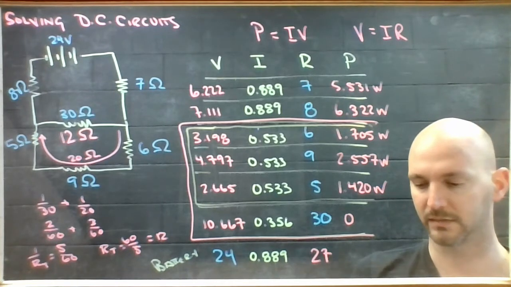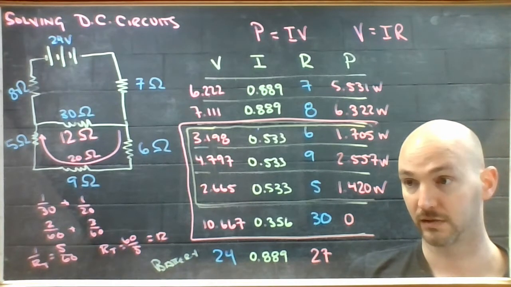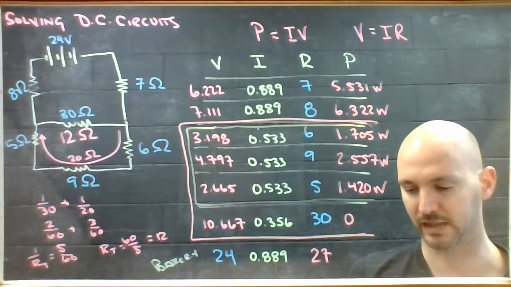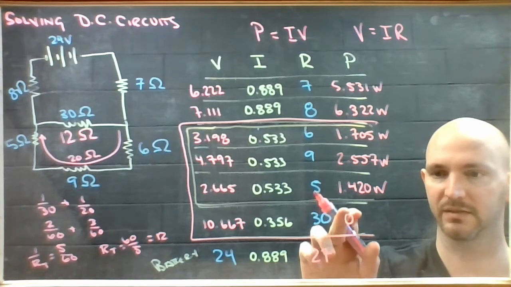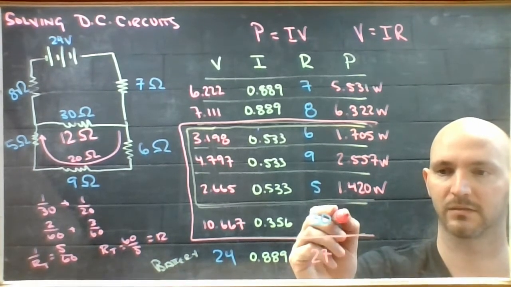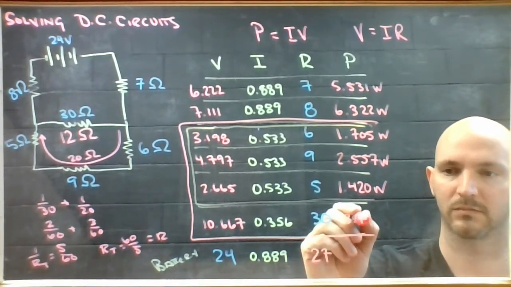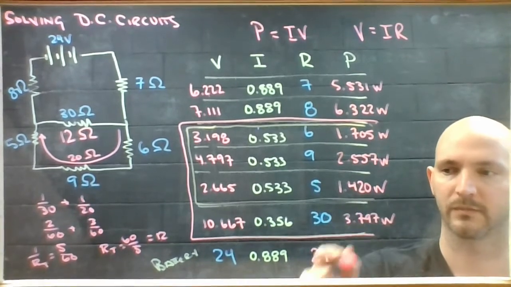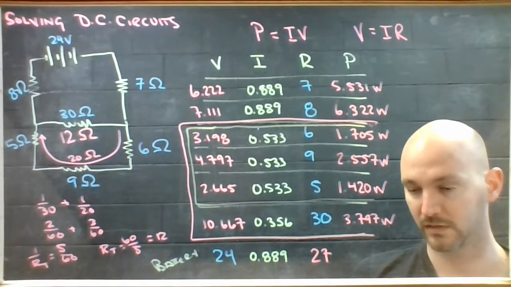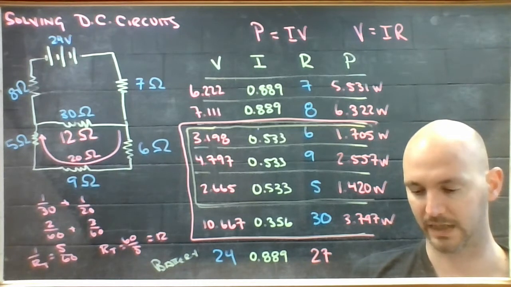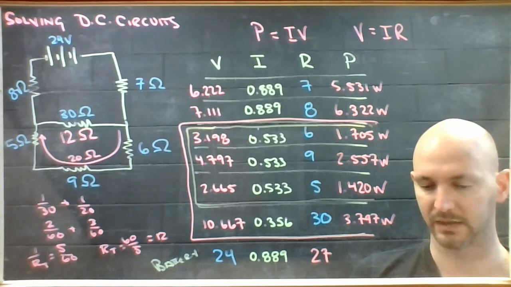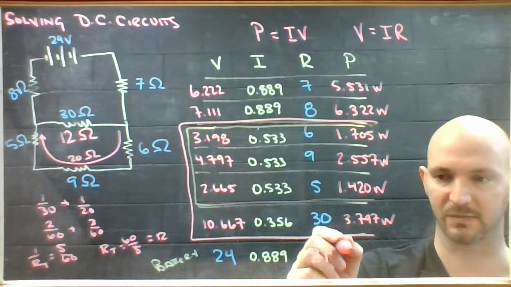That's not right. 10.667 times 0.356 gives me 3.797. And my 24 volt battery pumping out 0.889 amps of current is operating at 21.336 watts.